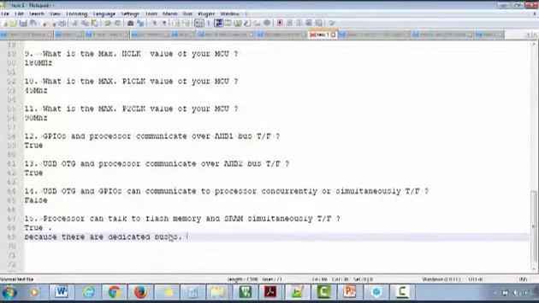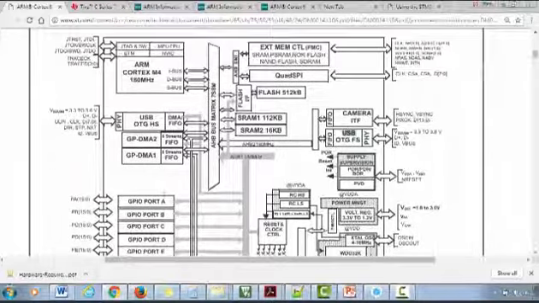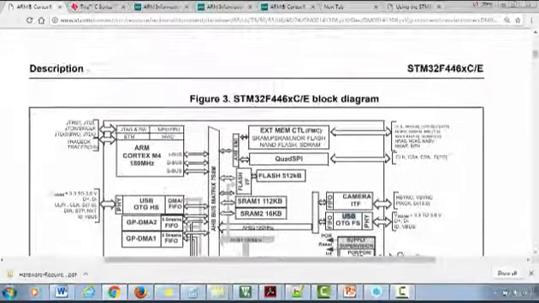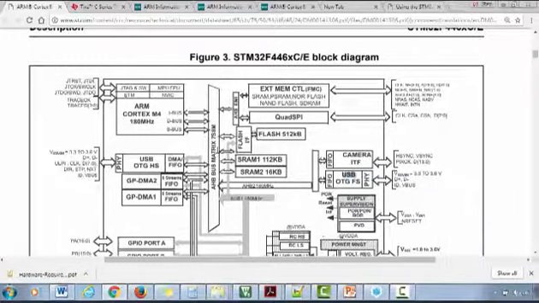The processor can talk to flash over I-code and D-code, and at the same time it can talk to the SRAM over the system bus. So what's the problem? It can do that, right? So that leads to our next discussion, that is the AHB bus matrix. That actually serializes communication between the controller and the various peripherals on different buses.